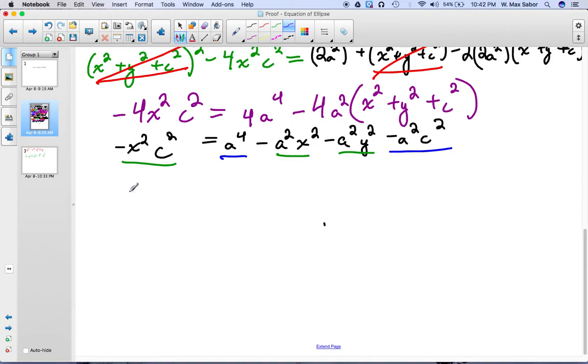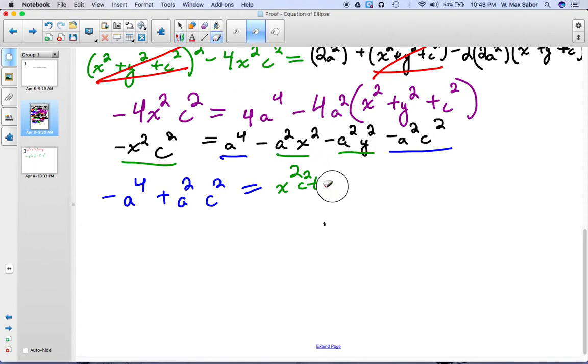So we'll move a to the fourth over here, a squared c squared here. X squared c squared times minus a squared x squared minus a squared y squared.